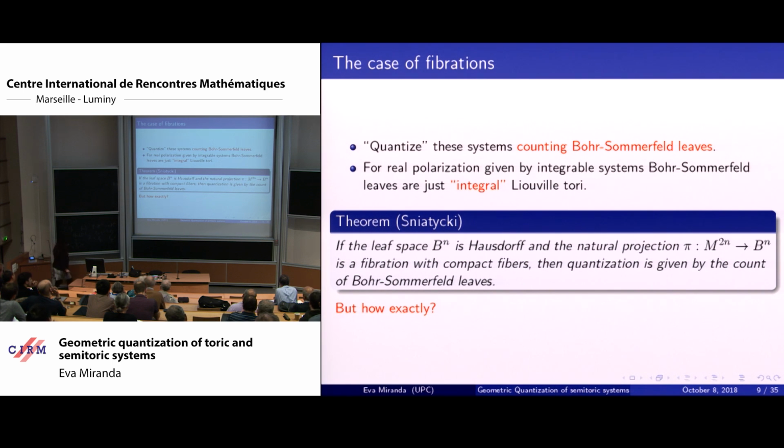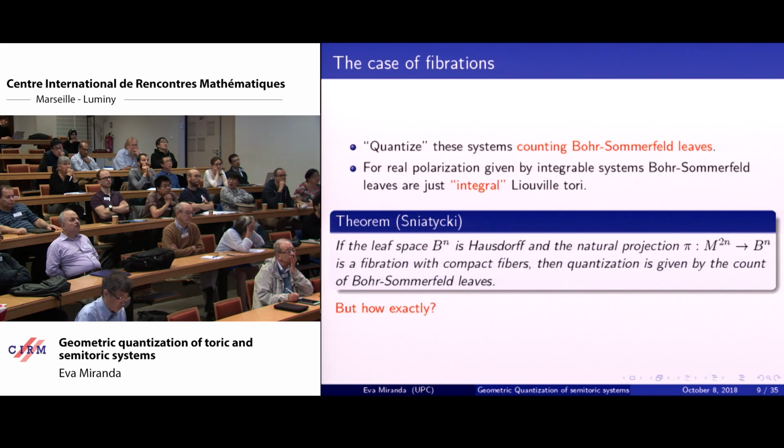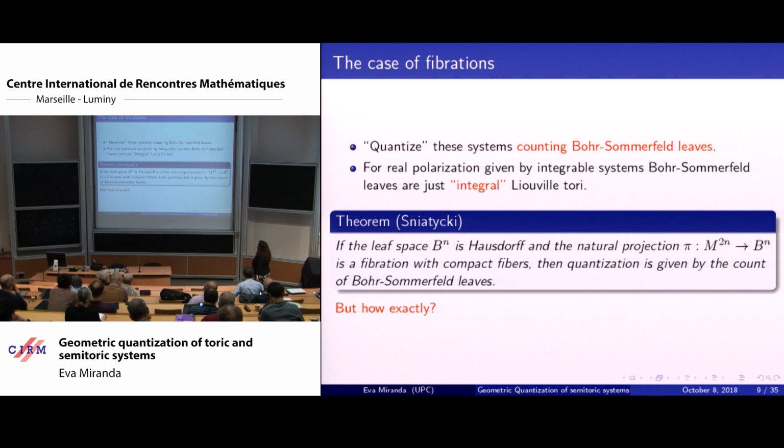So a first proposal is, why don't you count the number of Bohr-Sommerfeld leaves? This could be a proposal. And what is the meaning of counting? This is what I want to clarify now.